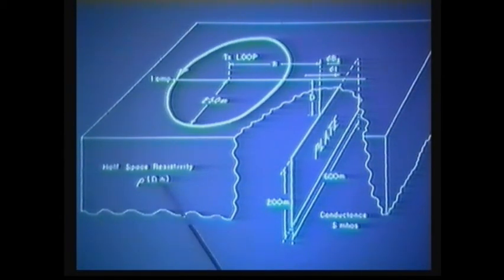The half space resistivity, as you'll see, we also let vary between 10 and 1,000 ohm meters. 1,000 ohm meters, a very resistive half space, 10 ohm meters, pretty conductive. Our transmitter was a large circular loop for ease of calculation. And what I'm going to show you are plots of the horizontal magnetic field, or more accurately, its time derivative. Why do I do the horizontal magnetic field?